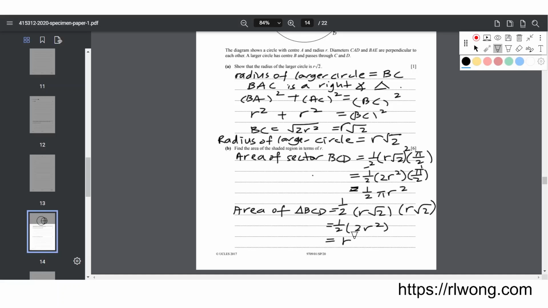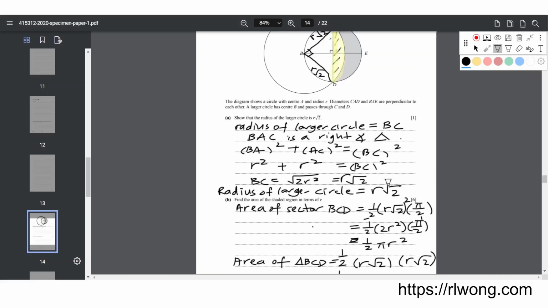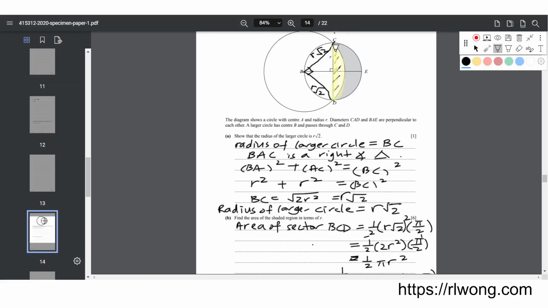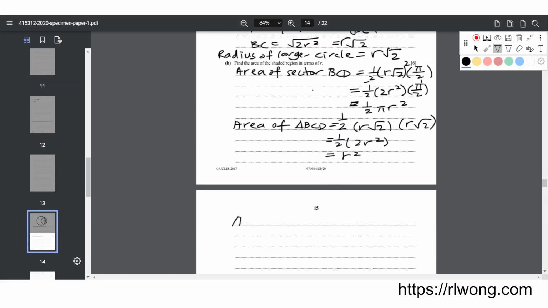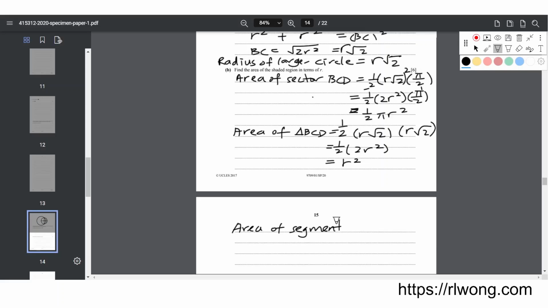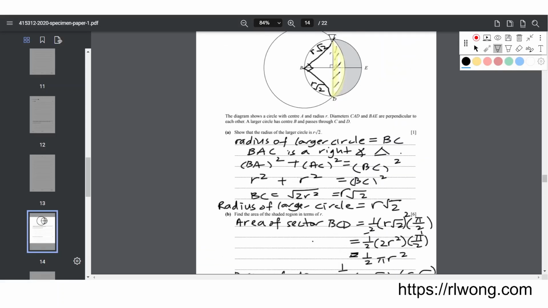Yes, r squared. Okay, so next I want to find the area of the segment shaded in yellow. The segment is this portion shaded in yellow. So let me write this. Area of segment, this segment is called CADX.